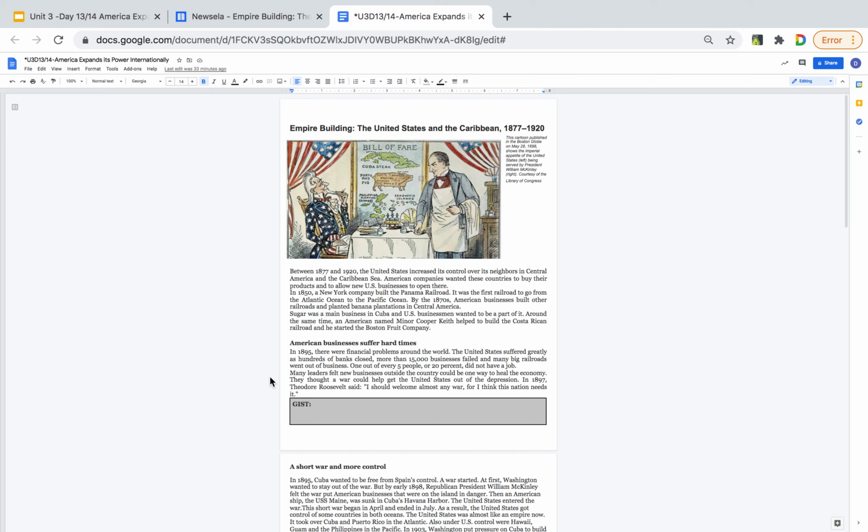This strategy entails you breaking down a text into logical stopping points and asking the students to identify what that section was about or who it was about, what was the most important detail or details of that who or what, and then bringing it all together to create the key idea of that section in 10 to 15 words.